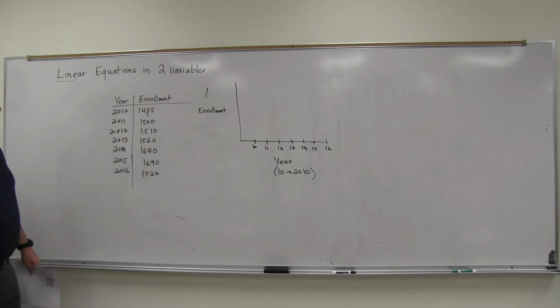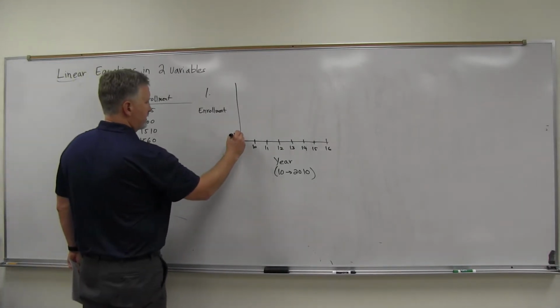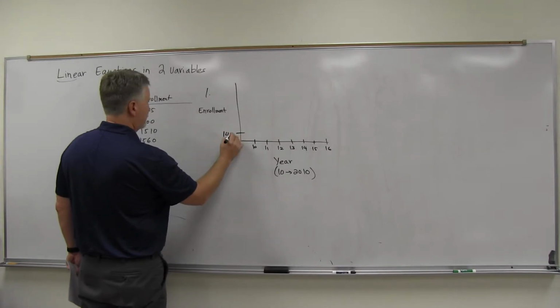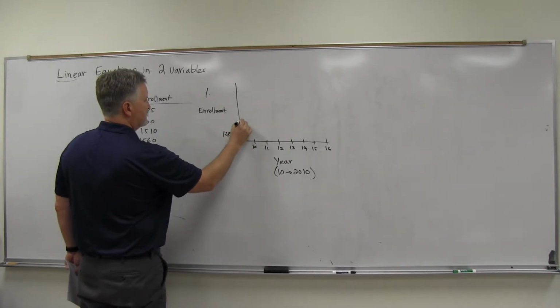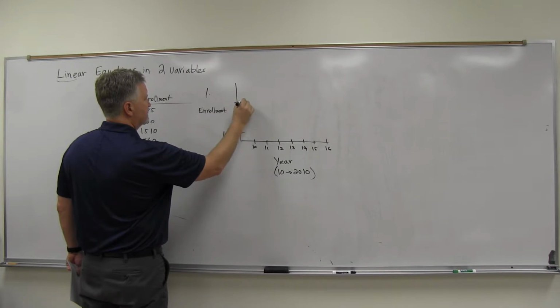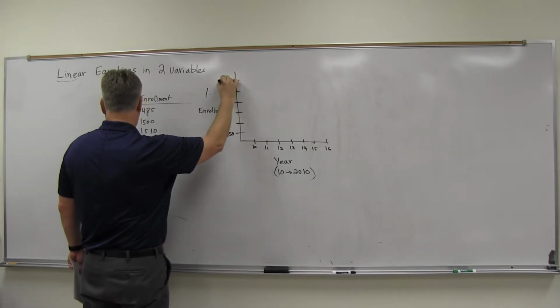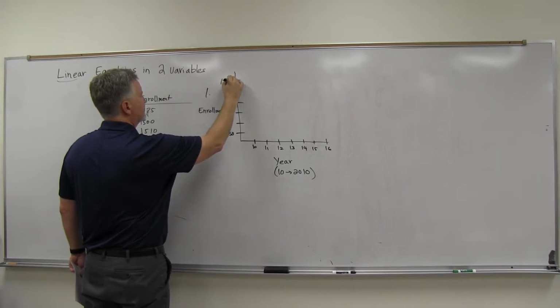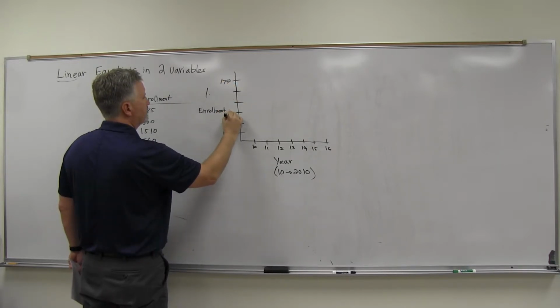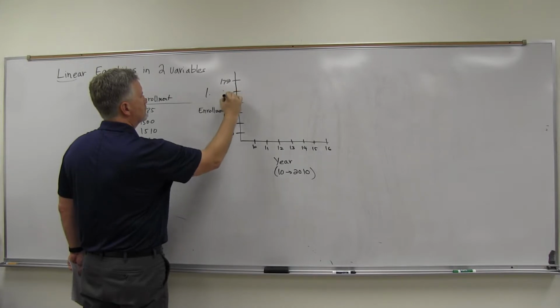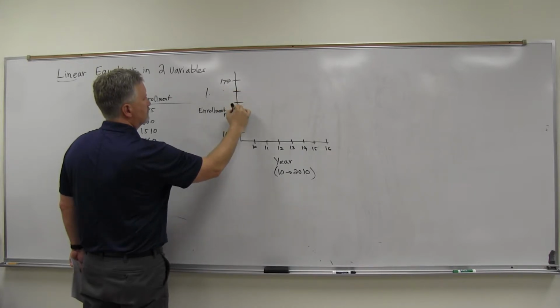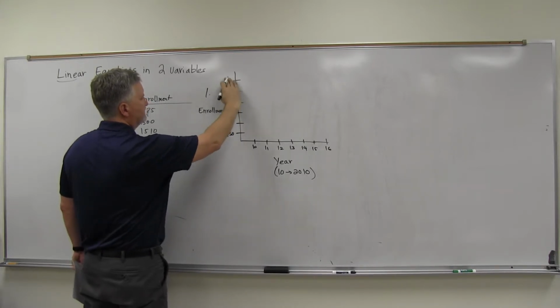Yeah, we got basically 1400s to 1700s, so probably should mark that off 50s, something like that. So we'll start here at 1450. And then 1500, 1550, 1650, 1700, and 1750. I did that right. No, I didn't do that right.